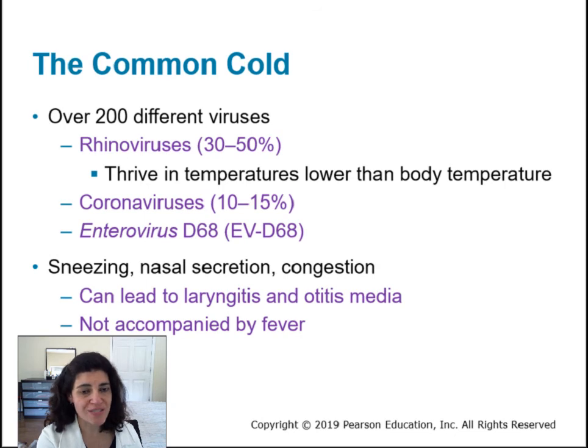The rhinovirus is the most preeminent one, but also coronaviruses and one specific type of enterovirus can cause common cold, okay? There is no vaccine for common cold, and it's usually self-limiting. There are not very typical complications either. Symptoms can last from 10 to 14 days, but they usually improve over time.